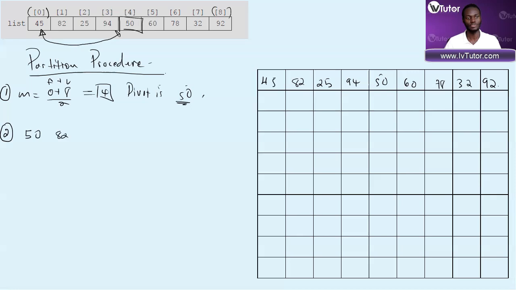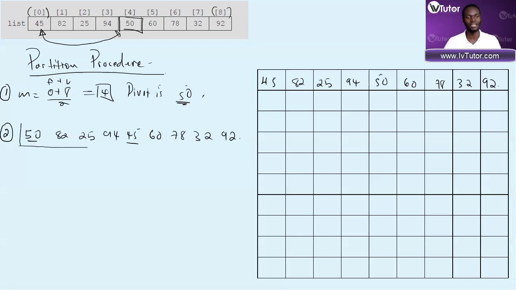Then you have 82, 25, 94. Then now you have 45 here because these two have been swapped. Then you still have 60, 78, 32, 92. So this is after you have swapped your first item in your pivot.